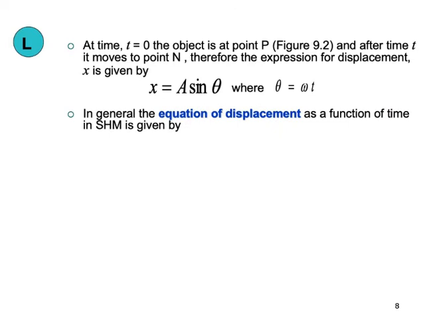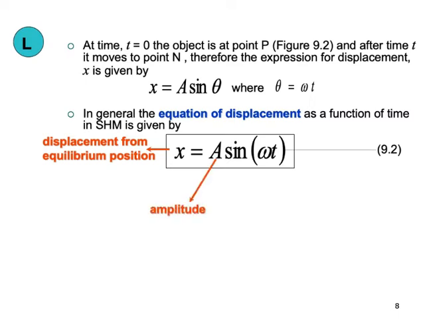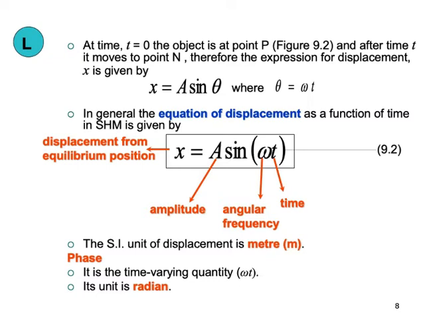In general, the equation of displacement as a function of time in simple harmonic motion is given by x equals to A sine omega t, where x is displacement from equilibrium position, A is amplitude, omega is angular frequency, and t is time. The unit for displacement is meter. Phase. It is the time varying quantity omega t. Its unit is radian.